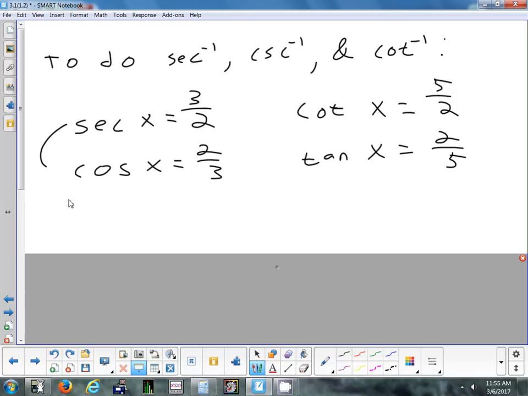So what's the point of taking this and turning it into that, or taking this and turning it into that? Well, what's on top, you don't have buttons for on the calculator. What's on the bottom, you do.